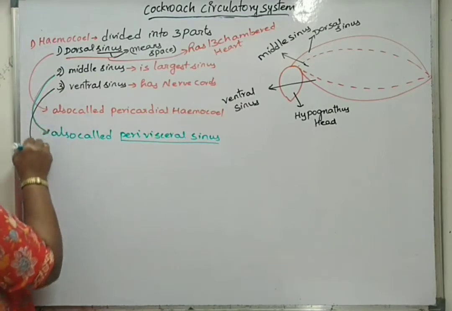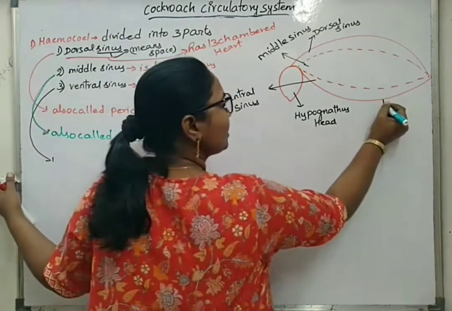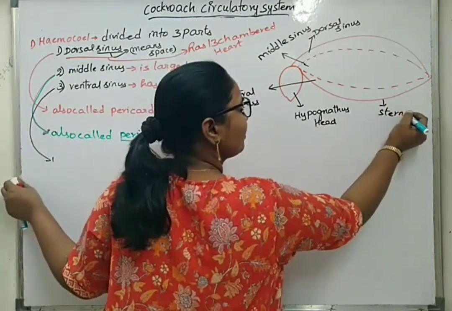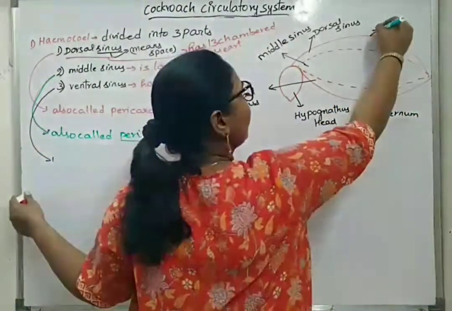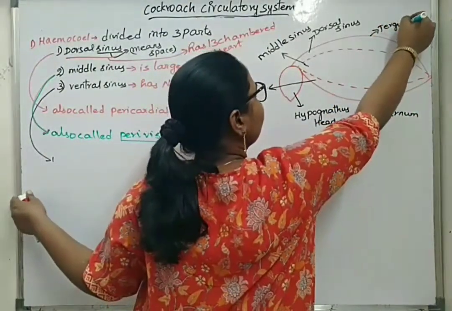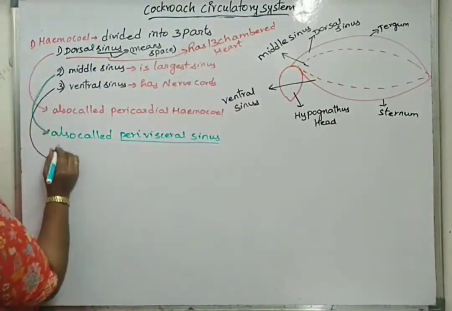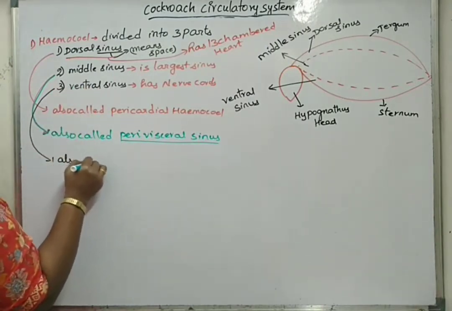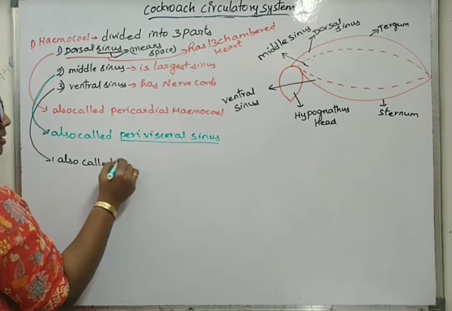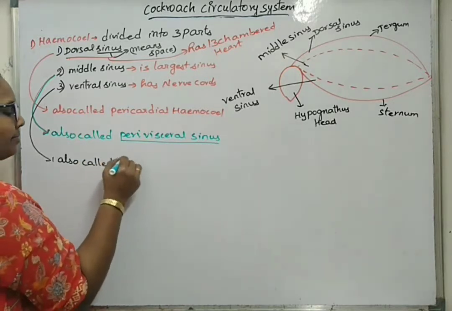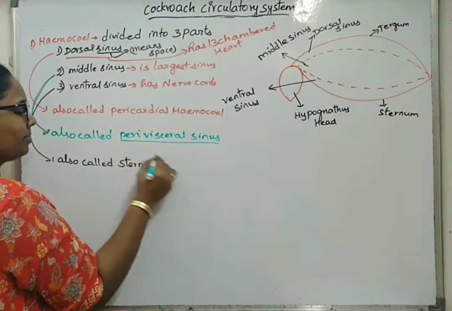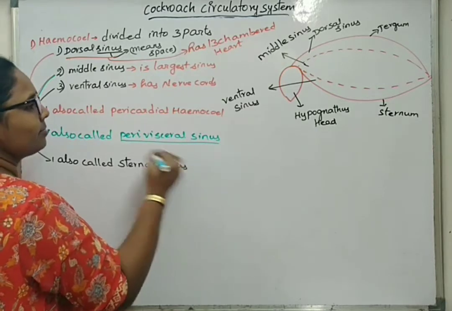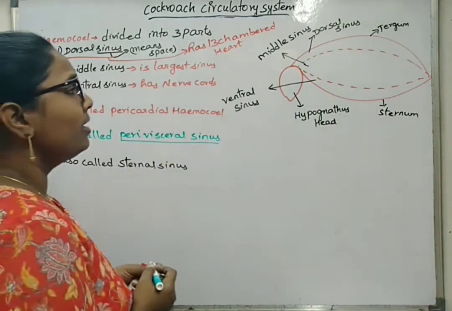The ventral sinus is towards the sternum side. This is tergum. So the ventral sinus is also called sternal sinus, which has the nerve cord.